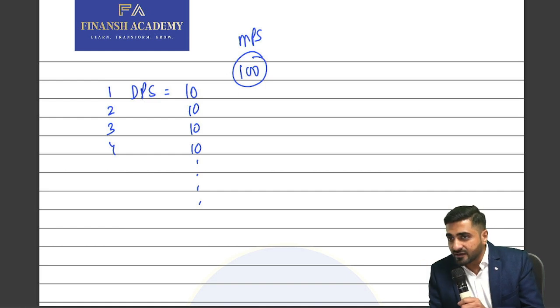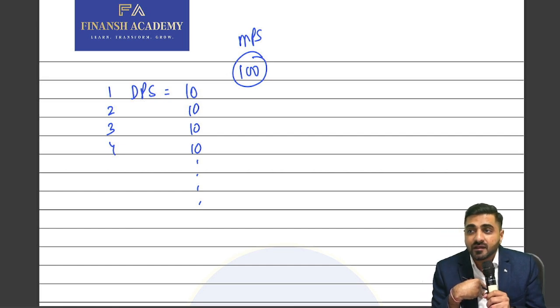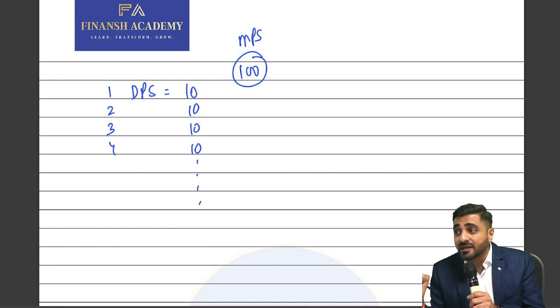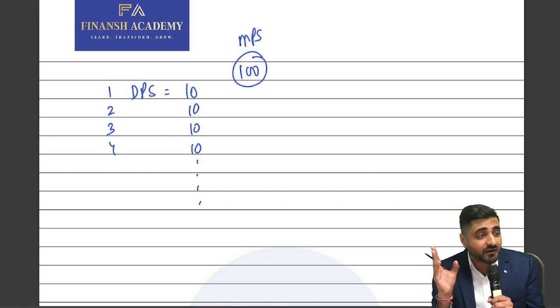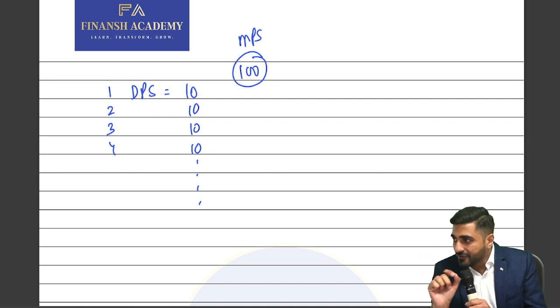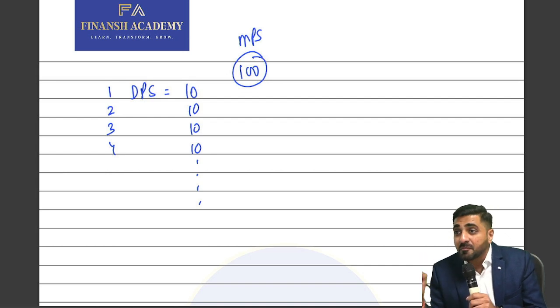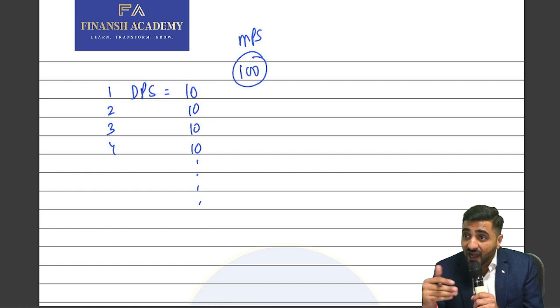What is the dividend per share? 10. What is the market price of an equity share? 100. So the dividend is 10 rupees and the market price of an equity share is 100.